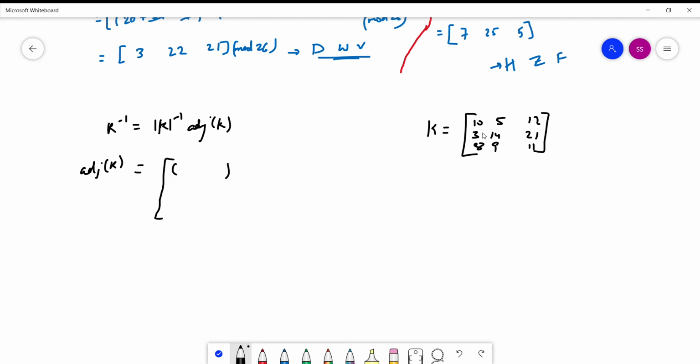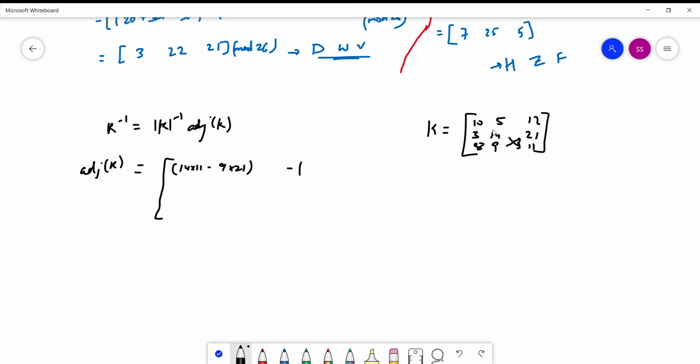So for 10 the cofactor is 14 into 11 minus 9 into 21. The second term with a negative sign.